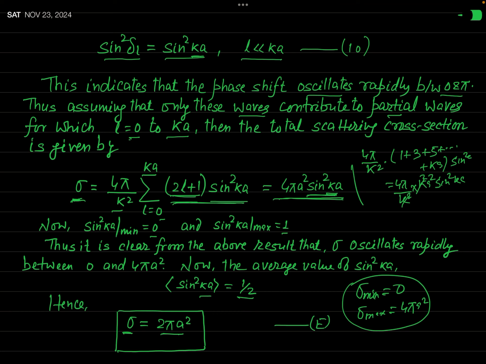This is just like alternating voltage. Alternating voltage varies, but when you measure it with a multimeter, the reading is not variable. It gives a proper value. That is actually the RMS value, no? So this is actually the observed or measured value, which is 2 pi A square.